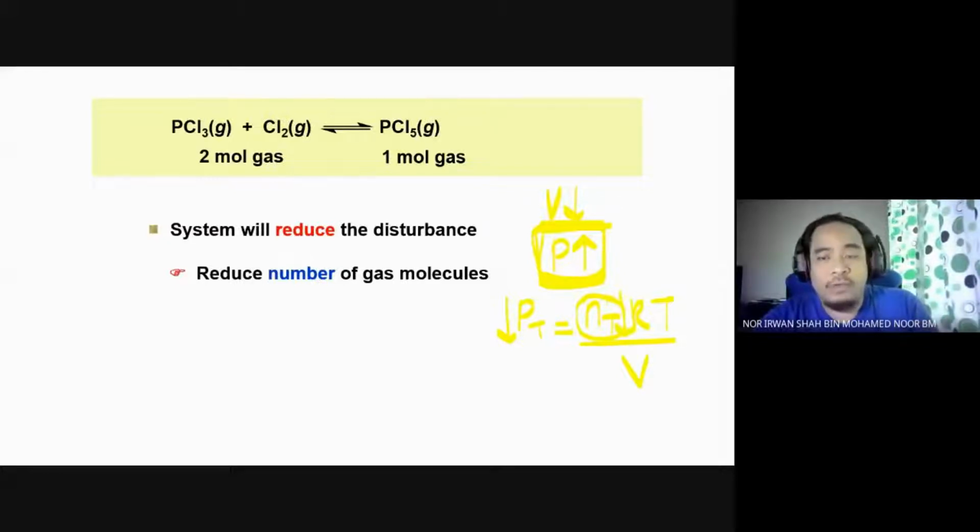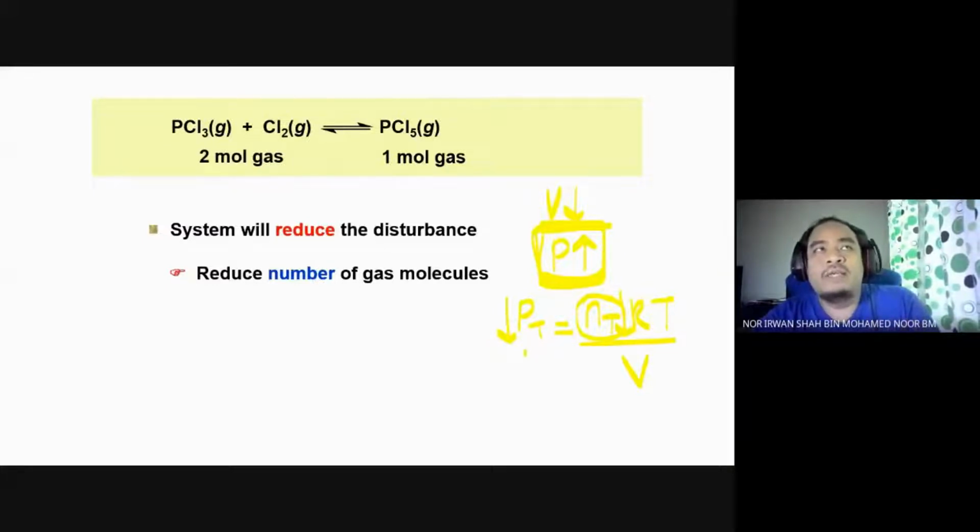Why? Because when the total moles decrease, the total pressure automatically decreases. So in order to decrease the increased pressure, the system needs to produce fewer moles of gases.